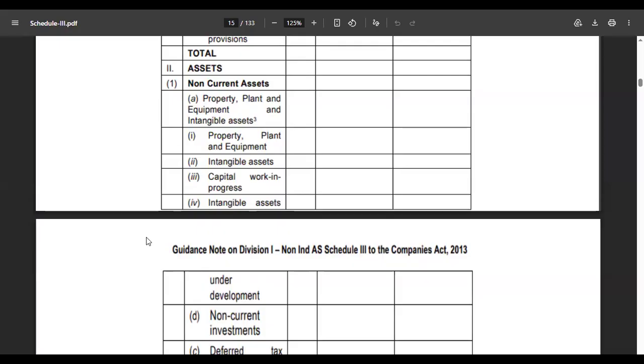For fixed assets, we have some common assets like plant and machinery, building, furniture, motor car, and so forth. What is a fixed asset?